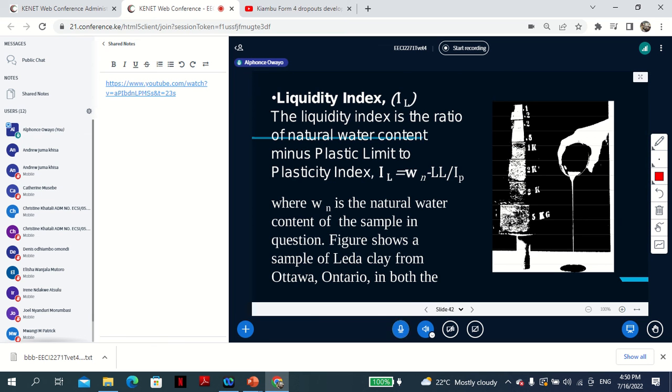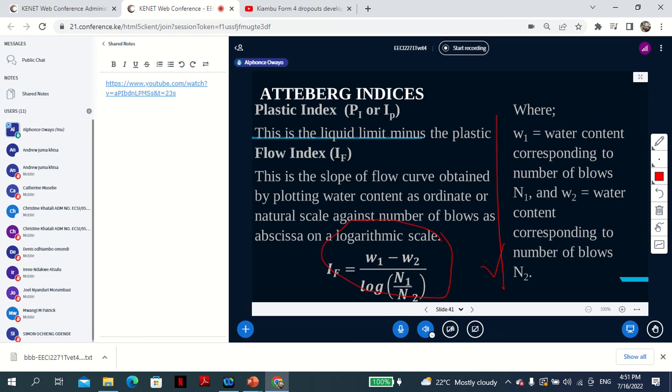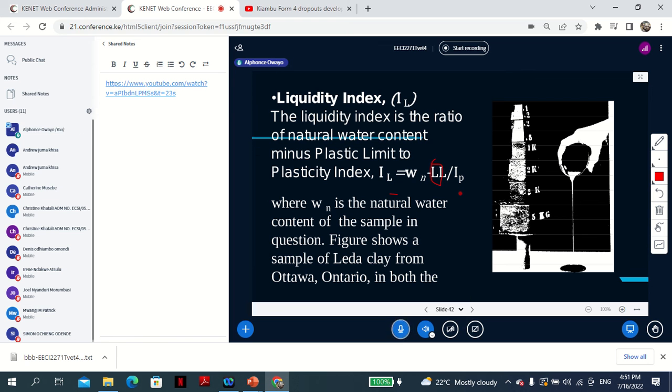Then the liquidity index is the natural water content. Remember what I said, the natural water content is in situ. So you pick the sample, measure the natural water content, minus the liquid limit, from Casagrande or the penetrometer, over the IP, the flow index, I believe. No, over actually the plasticity index, not the flow index. So over the plastic limit.